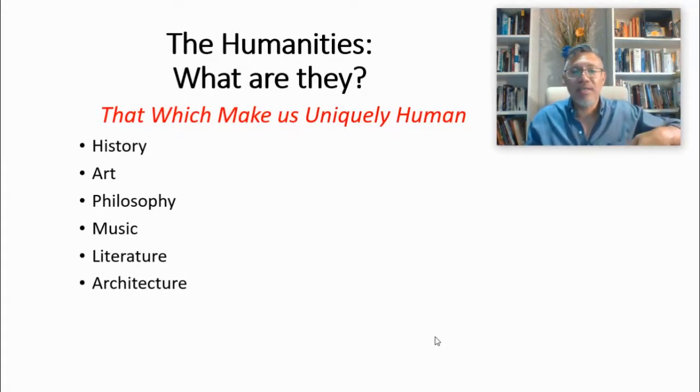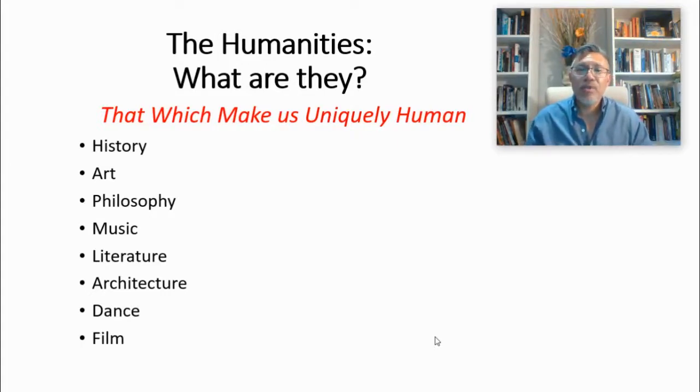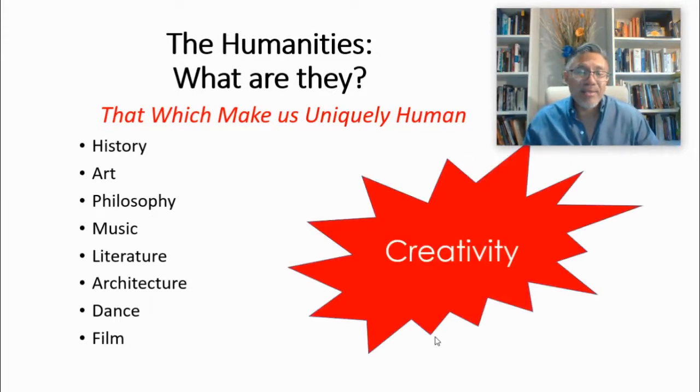We create buildings and big structures that are aesthetically pleasing. We create choreography for dance. We document in film, or we portray stories with music and visuals on film. If you haven't noticed, being uniquely human means you create in the world.